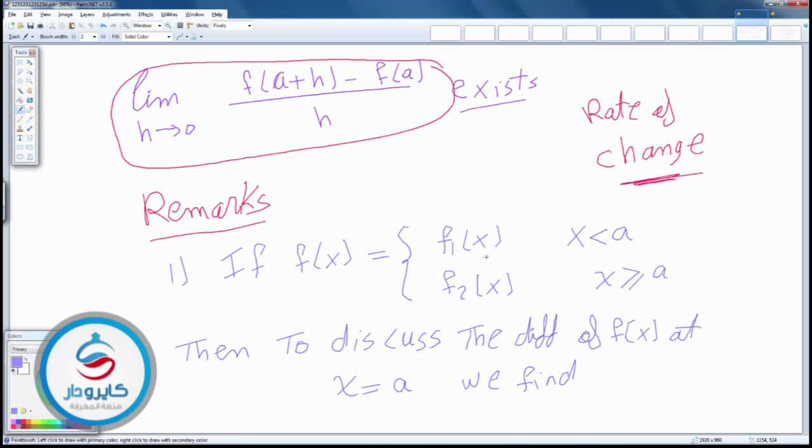If we are going to discuss the differentiability about this function, which has a definition when x is smaller than a and another definition when x greater than or equal a. طيب then to discuss the differentiability of this function at this point at x equal a, we find what?